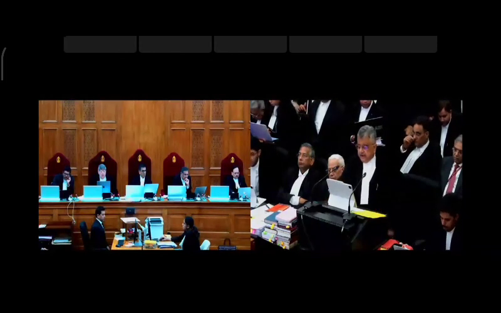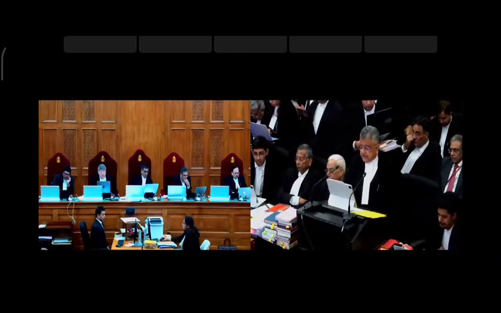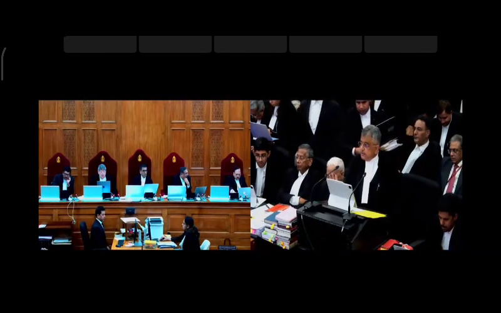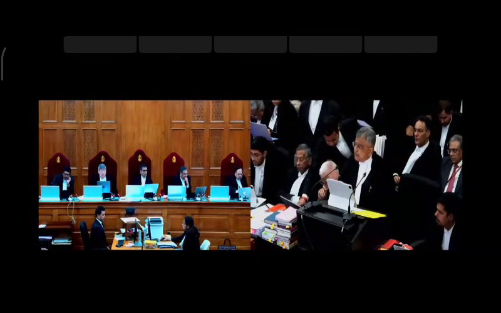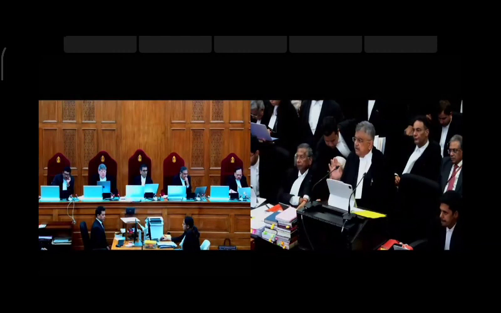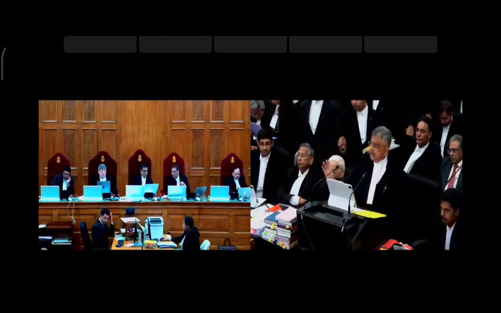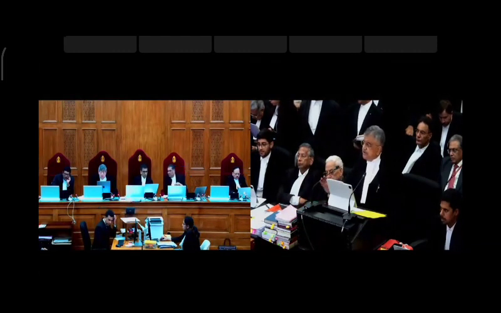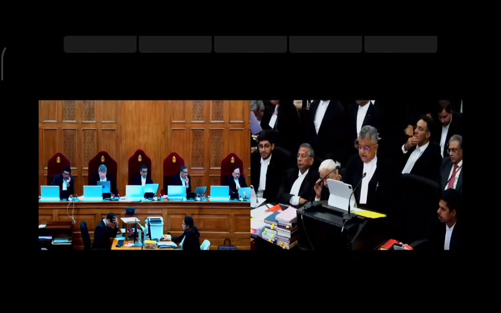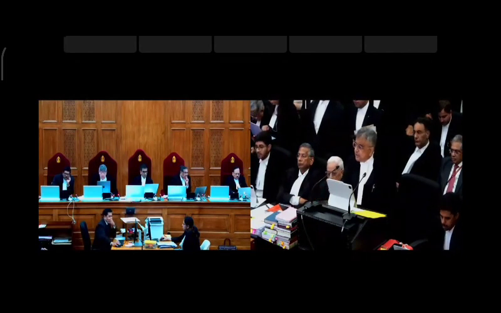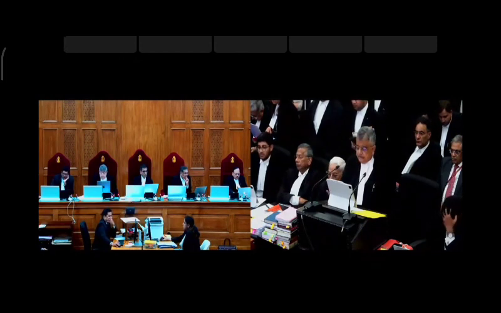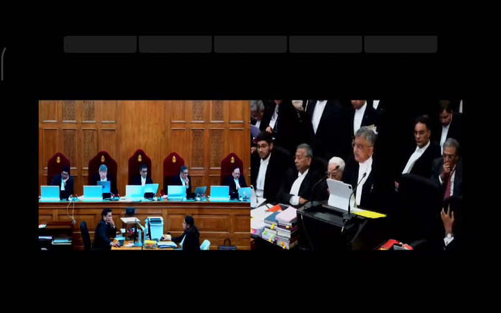My Lord, please see the definition, assembly constituency is defined in 2C. It has all attributes of a state. It is a UT with legislature, but with all attributes of a state. Assembly constituency, your Lordship gets 2C. Am I with your Lordship? Yes.